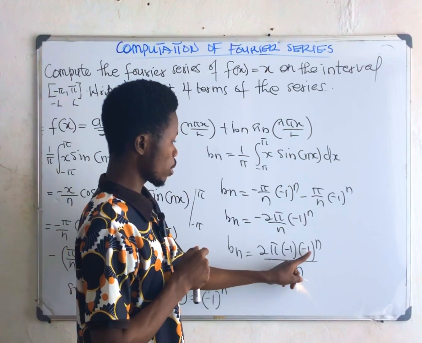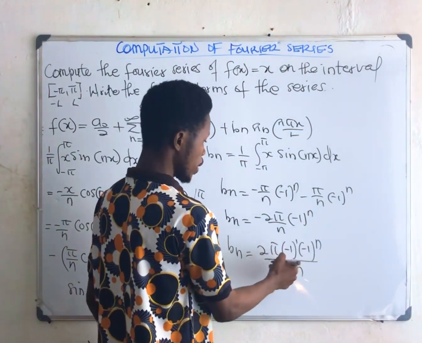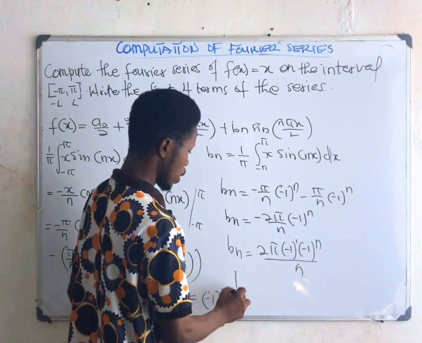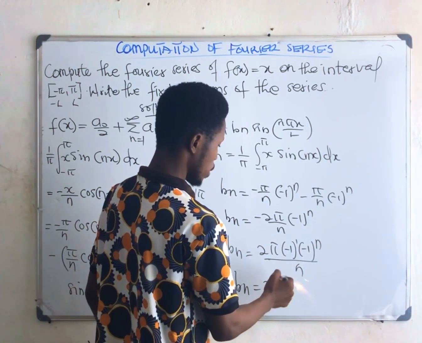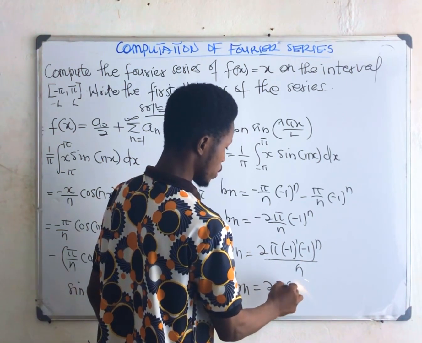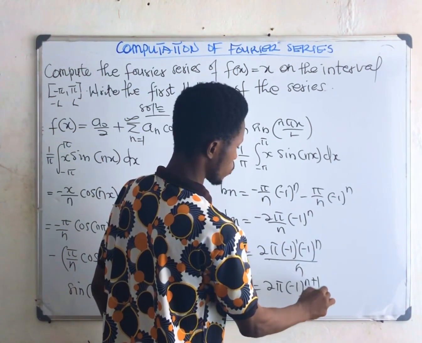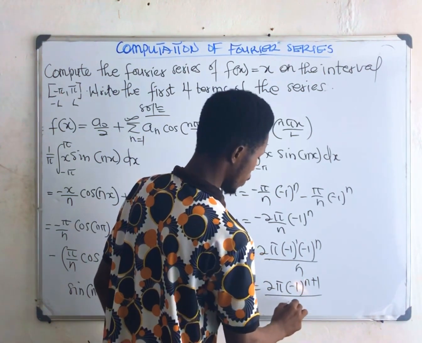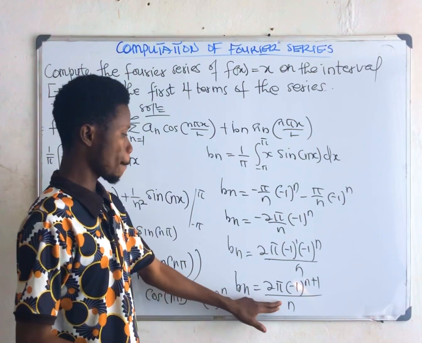Then this (-1)^n is what is here. Now remember your indices. If the bases are the same, we add the powers. Means that my bn can be written as 2 pi, then I write one of the base, -1, I add the power, that gives me n plus 1, and this one is divided by n. So this becomes our bn.